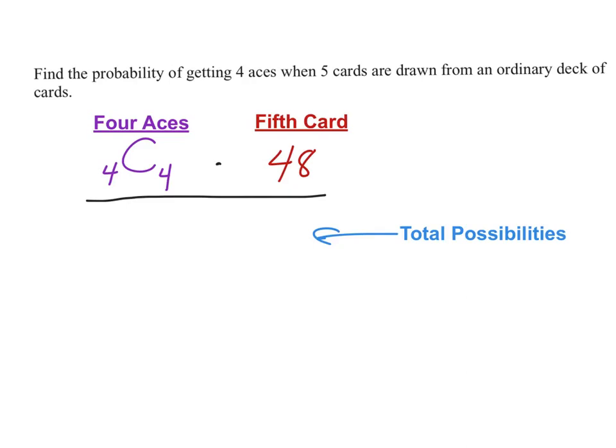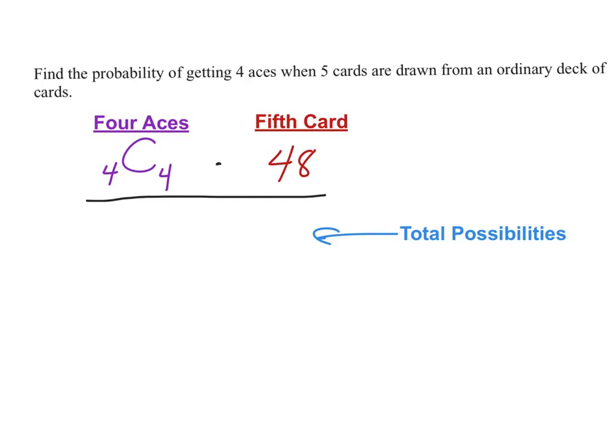Drawing all 4 aces. No. Which card? How many cards are we drawing all together? So the total possibilities is the number of ways that I can draw 5 cards from a deck. We're looking at a specific type of situation when we draw 5 cards. But the total possibilities are the number of ways I can draw 5 cards, period.